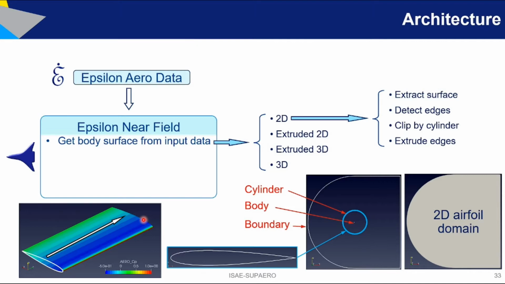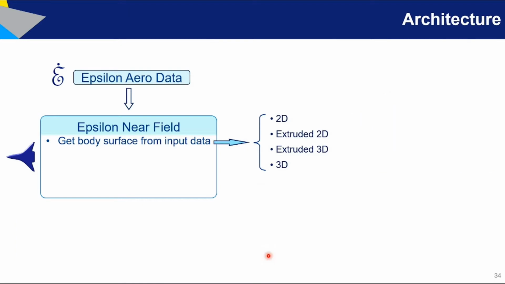This will allow you to better visualize the surface parameters, like, let's say, the static pressure coefficient. And it also helps to compute the near field forces. We'll see that better afterwards. And again, all these are VTK operations that are performed in the background inside ParaView, inside the Epsilon Near Field.